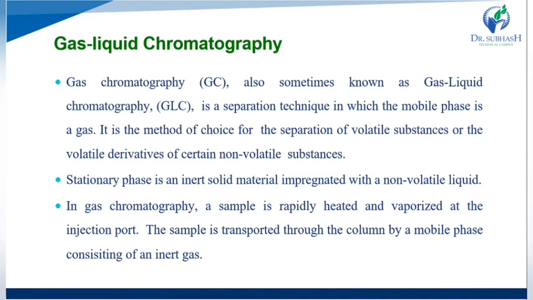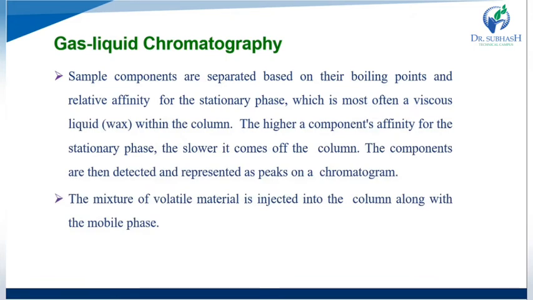The sample is transported through the column by the mobile phase consisting of an inert gas. Sample components are separated based on their boiling point and relative affinity for the stationary phase, which is most often a viscous liquid, called waxes.